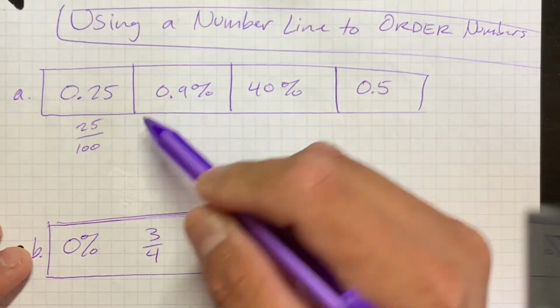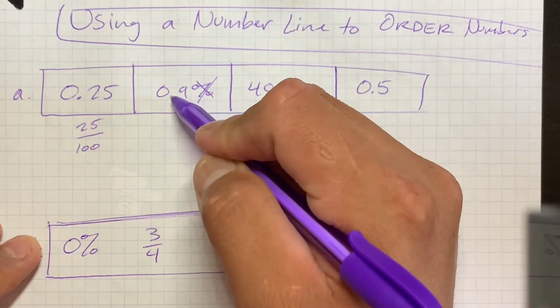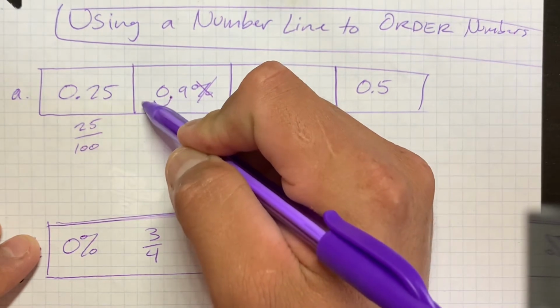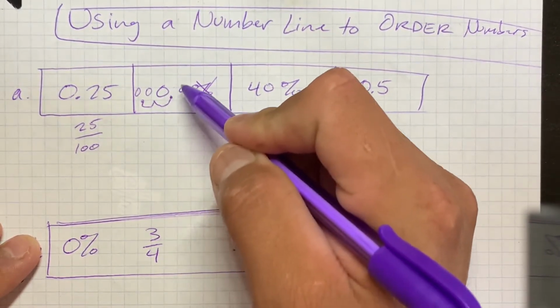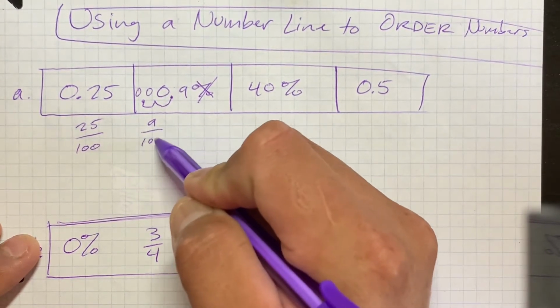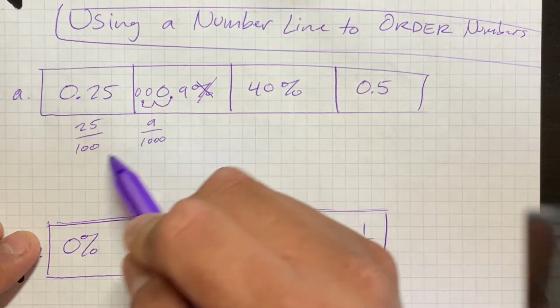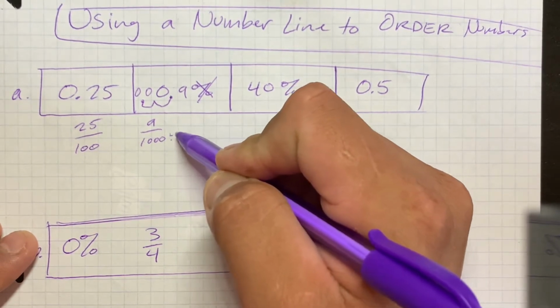If you have a percentage like this, 0.9%, knock off the percent sign, and then we divide by 100 by moving the decimal point to the left twice. Add 2 zeros. So now this is going to be 9 thousandths. Okay. Now we want the denominator to also be 100. So to make the denominator 100, we divide by 10.